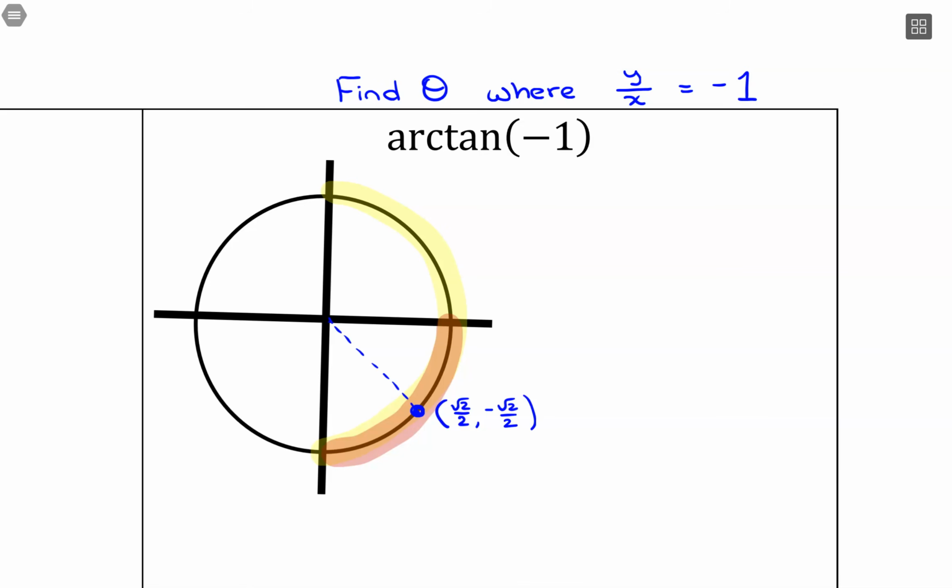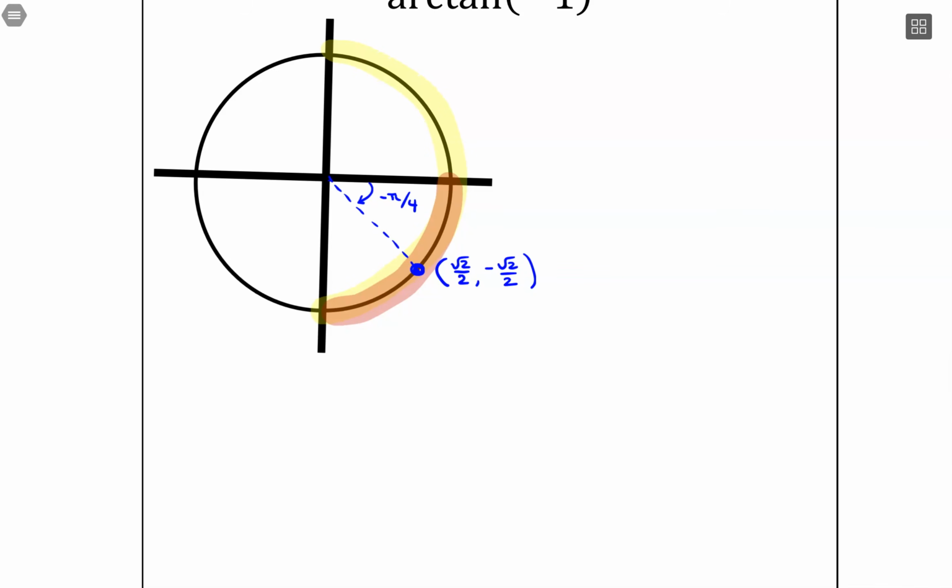So when we divide those, we would get a -1. So that angle measurement right there is negative pi over 4. So inverse tangent of -1 is equal to that angle measurement, negative pi over 4.